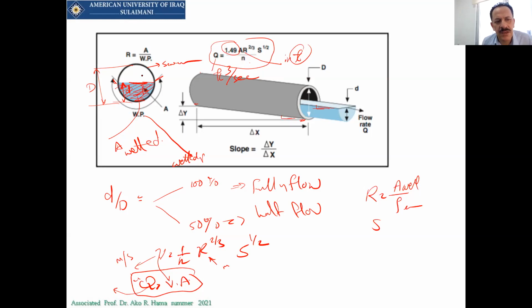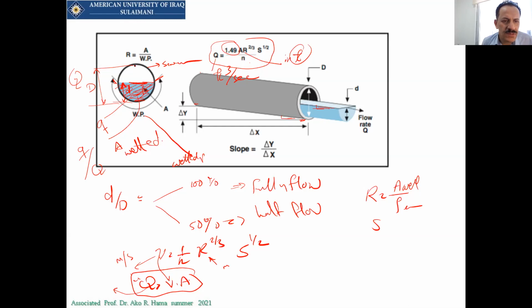So there is a curve that represents when we have the flow like this, there will be a q, and when we have full flow, there will be a capital Q. So small q over capital Q will relate to small d over capital D. And again, the same thing for the velocity V.